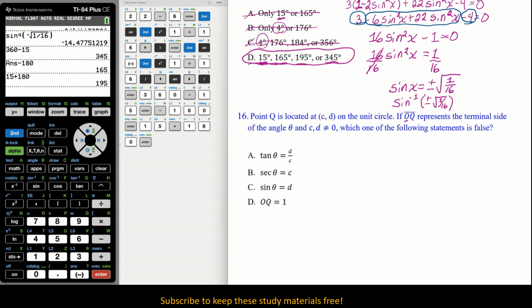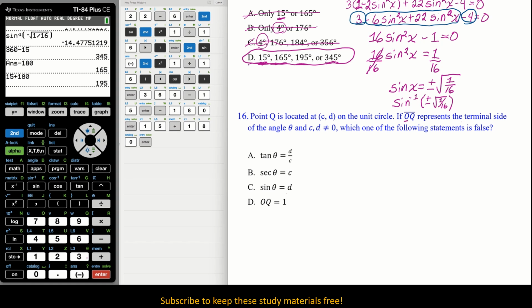I'm a little upset with the fact that they didn't make it clear that that was the origin, but it is, okay? If the segment OQ represents the terminal side of the angle theta and CD is not equal to 0, C or D, either one of them, which one of the following statements is false?